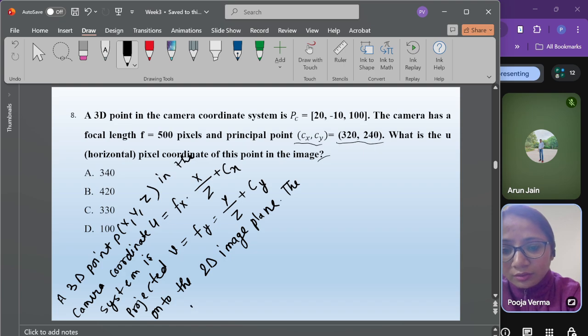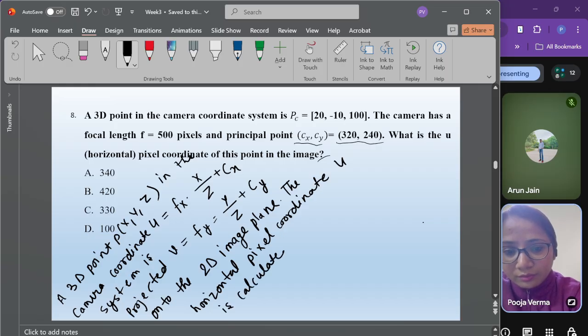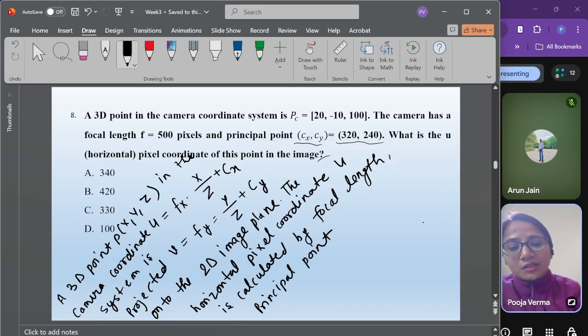Then the horizontal pixel coordinate u is calculated by the focal length, principal points, that is Cx and Cy, depending on whether you are calculating horizontal or vertical, and depth, that is Z, using this equation.